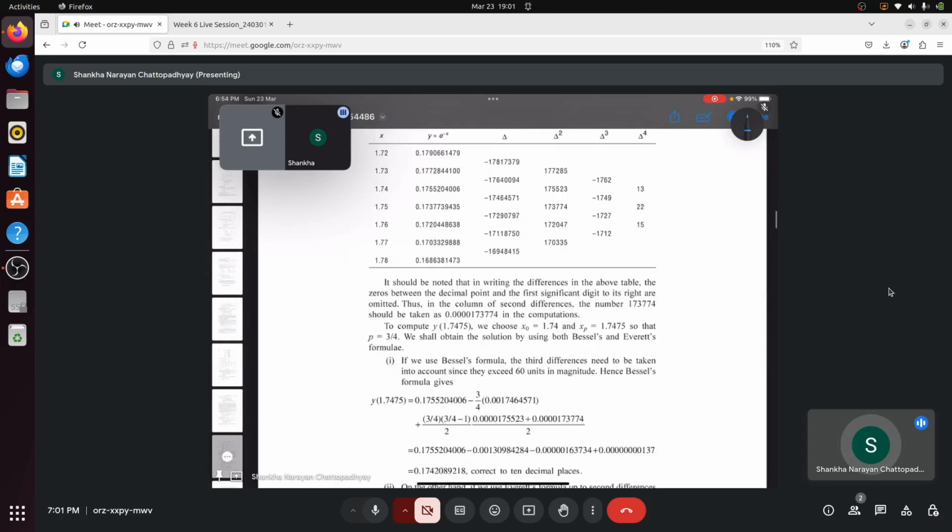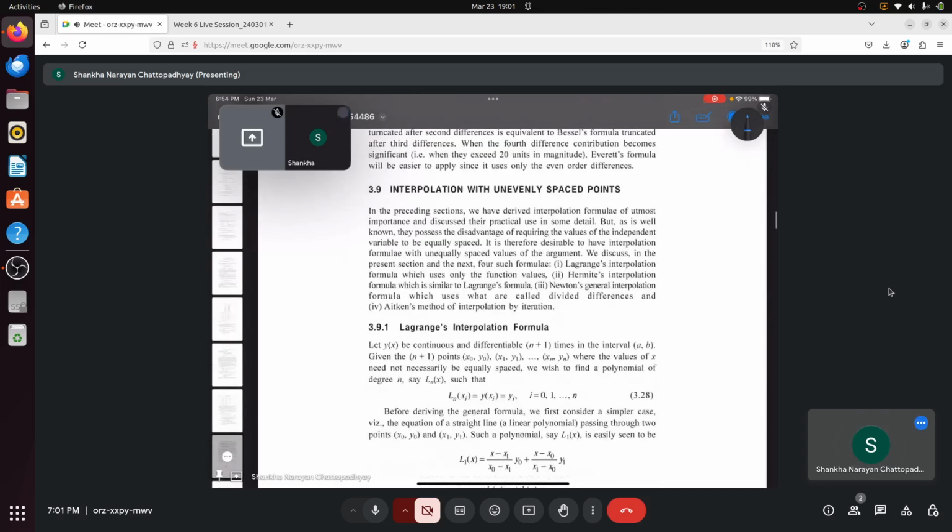Next we will move to a concept called, there are many things.